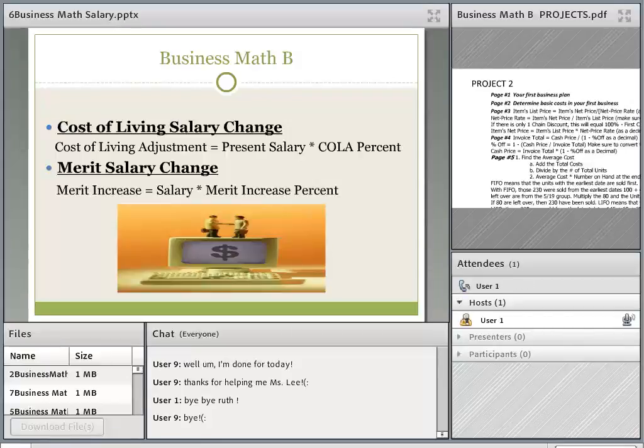So sometimes that percent is determined by statistics that are set up, and other times it's just determined by the manager that would be supervising you. So these are the two formulas that we'll primarily use.